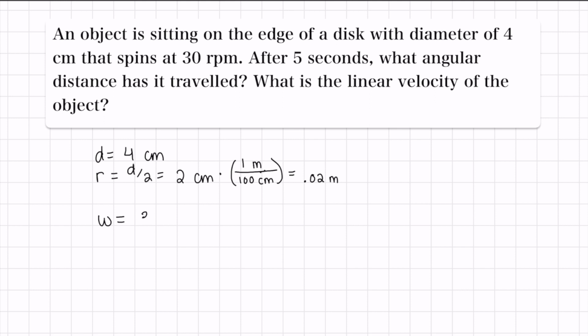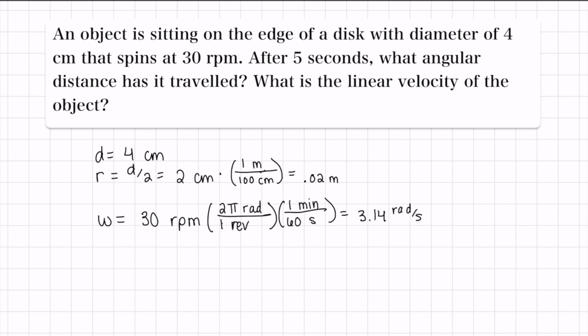So our omega is going to be that 30 RPM, but since that's technically in revolutions per minute, we want that in radians per second. So we're going to use first that there are 2 pi radians in 1 revolution, and then we'll also use 1 minute divided by 60 seconds. And I didn't even plan this, that ends up being 3.14 radians per second.